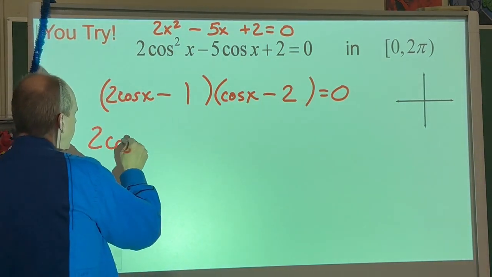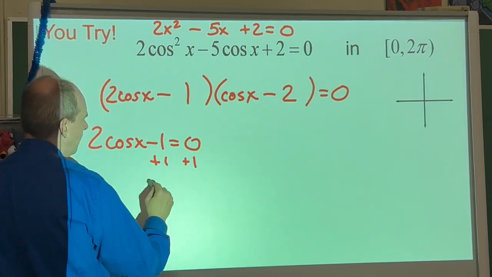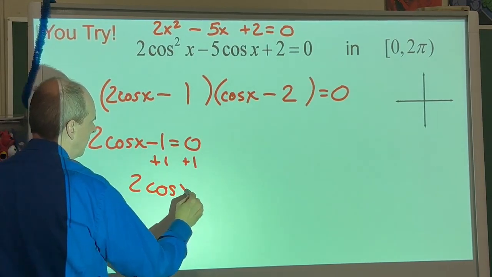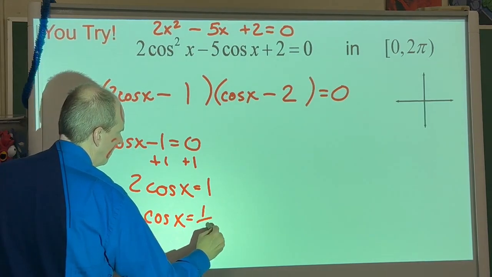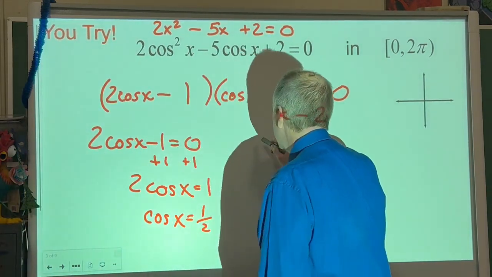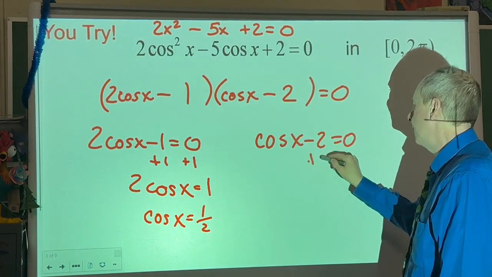Hopefully next you would take each factor, set it equal to 0 and solve.